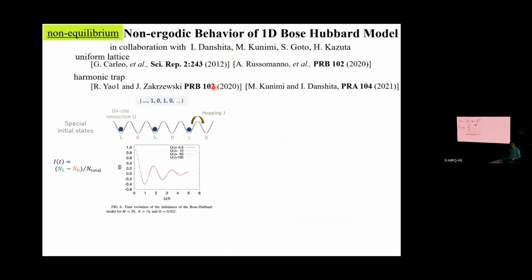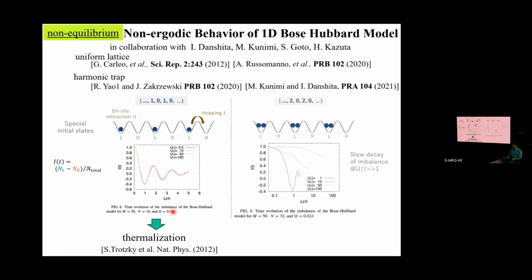According to this Danshita group paper, in the special initial state of the 1010 state like this, the population imbalance between left and right is damped to the steady state, indicating the thermalization of this system.